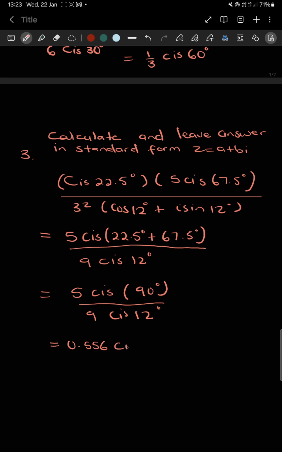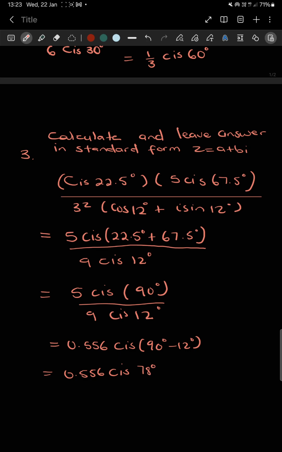Then cis 90 degrees minus 12 degrees. So it's going to be 0,556 cis 90 minus 12. That should give me 78 degrees.